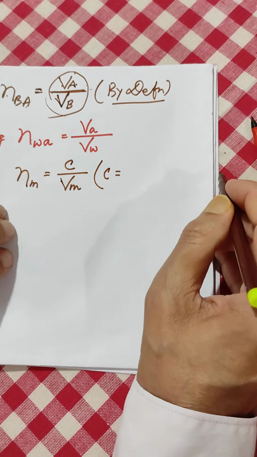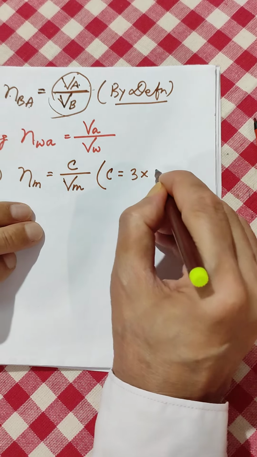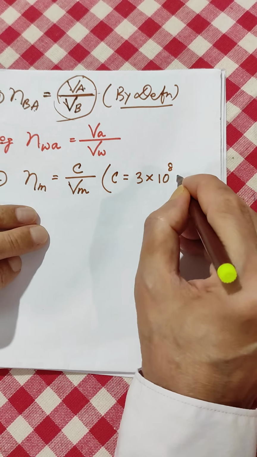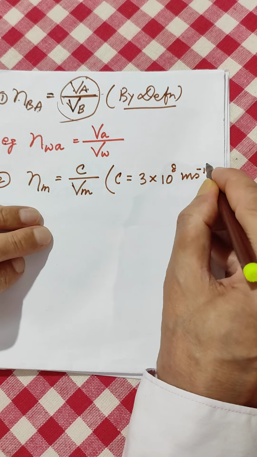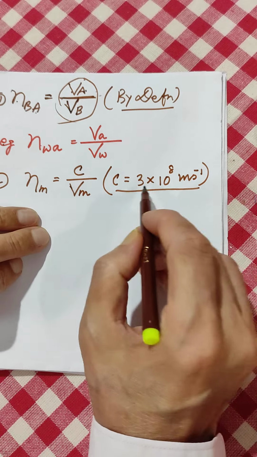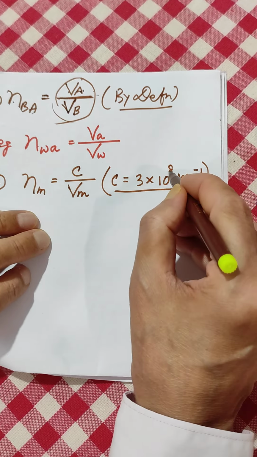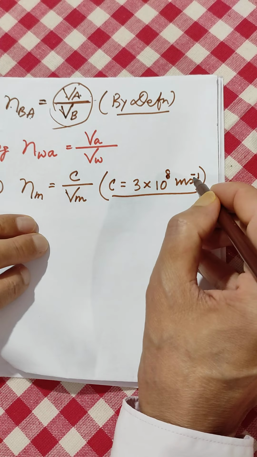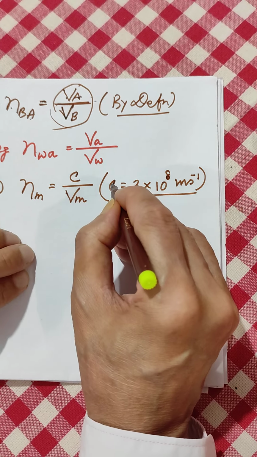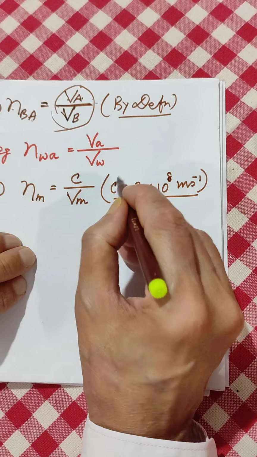Now velocity of light in vacuum is well known, 3 into 10 to the power 8 meter per second. Isn't it? So this is the velocity of light in vacuum, 3 into 10 to the power 8 meter per second. So this is represented by this symbol C. All right.